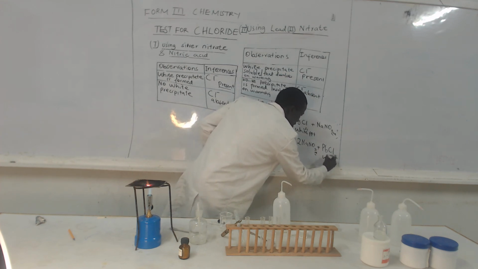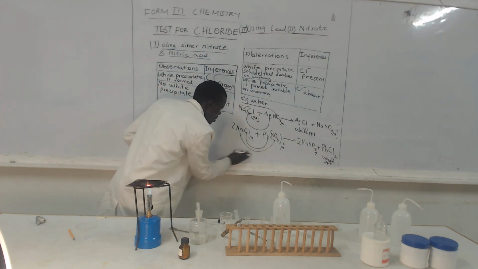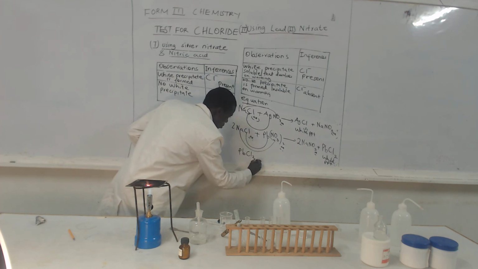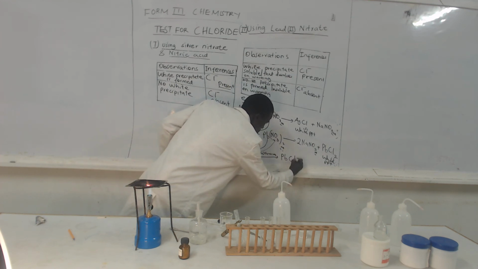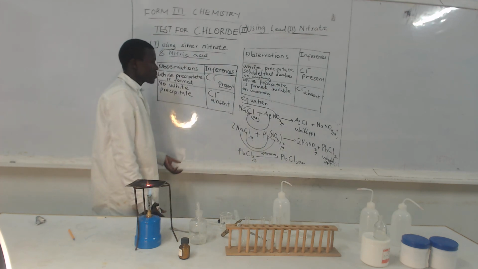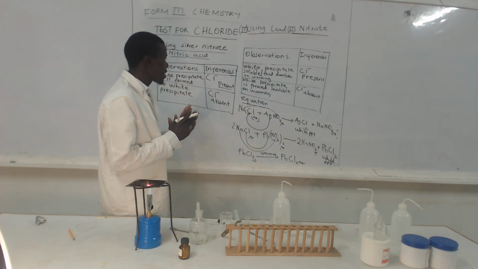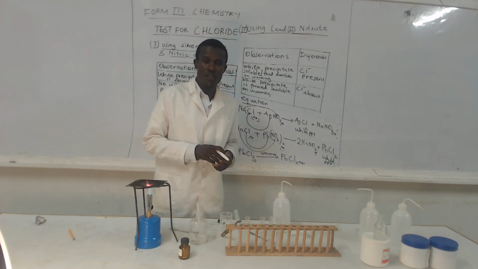Lead chloride is the white precipitate that when warmed dissolves to form a solution. When it is warming, the solid dissolves to form aqueous or solution. So that is how we can test for the presence or absence of chloride in a sample.